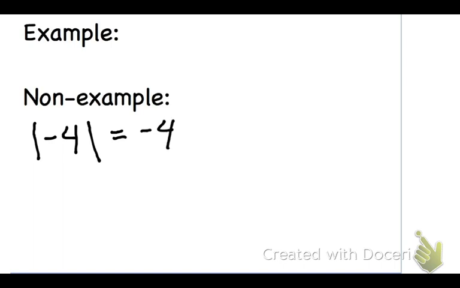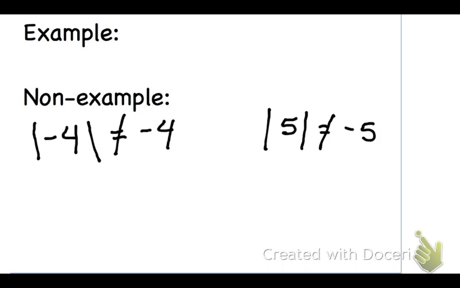Always, always. Another non-example would be, say I had the absolute value of 5 is -5. This does not work. These are non-examples. When I say non-examples, I mean that the equal sign turns to is not. And that's what that line through the equal sign means: is not.